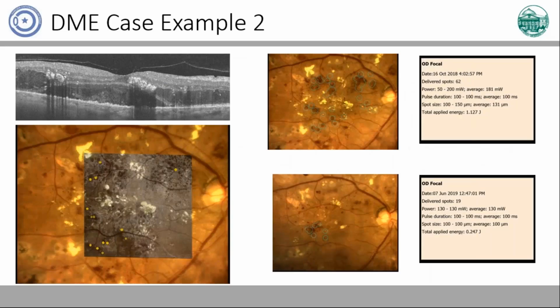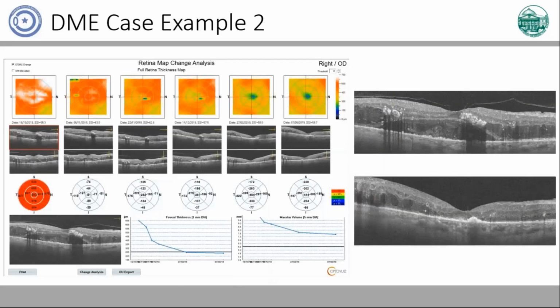Of course, such a simple case can be easily planned, but what about more complex cases like this, where the number of microaneurysms is very high? Of course, you can divide your treatment into sessions and treat all microaneurysms. Also with good and stable results, as you can see, subretinal fluid completely reduced with macular volume and restoration of visual acuity.